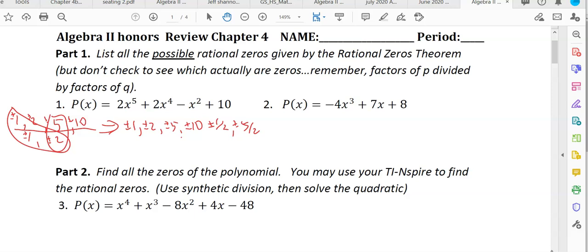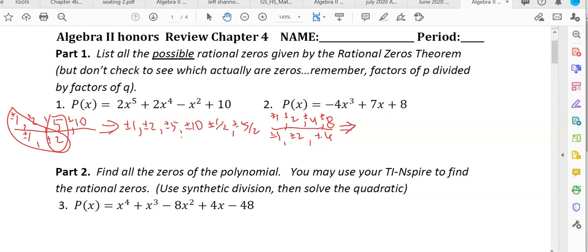Factors of 8 divided by factors of 4. So this would be 1, 2, 4, and 8, all those plus or minus. And then 1, 2, and 4, all those plus or minus.